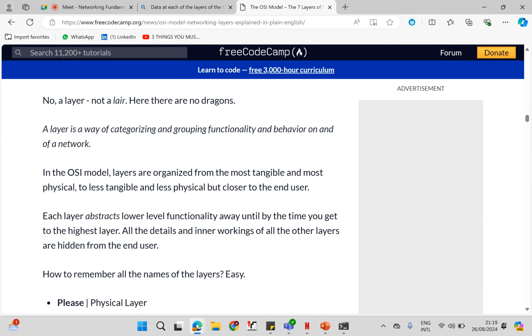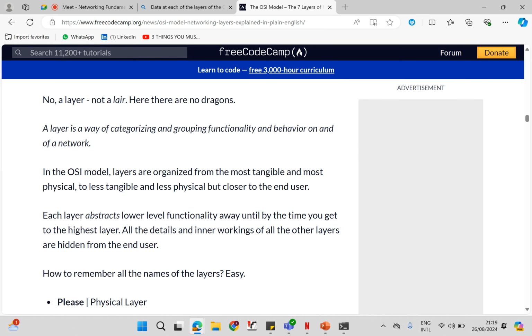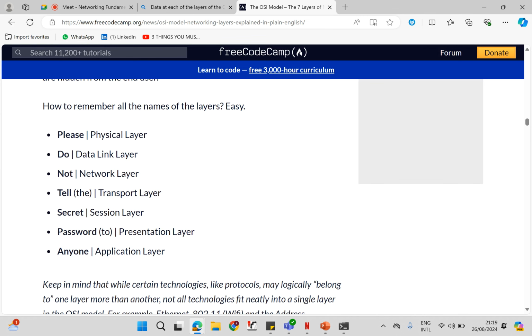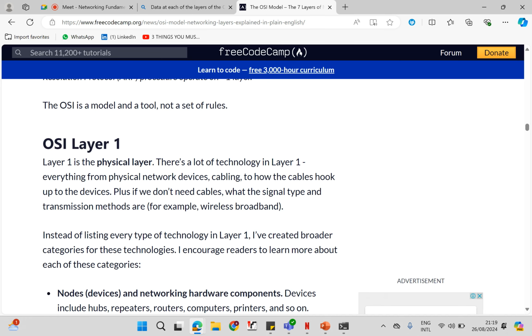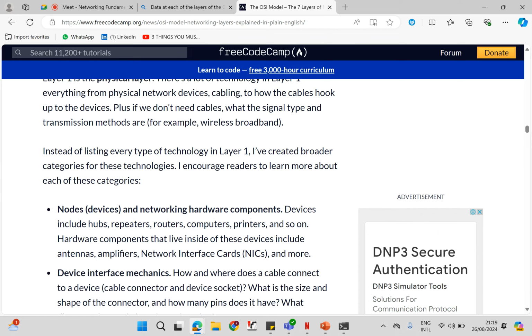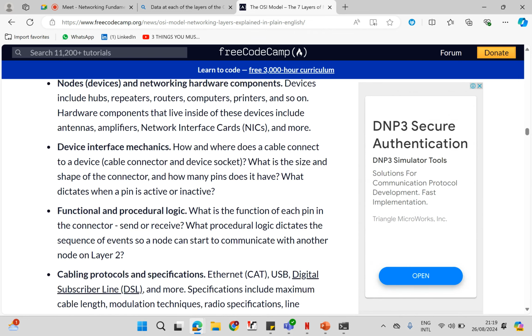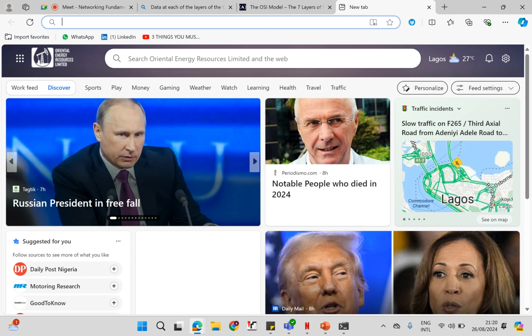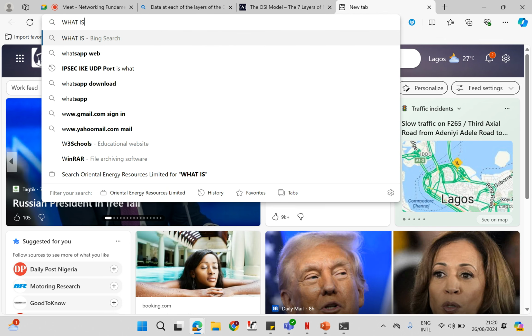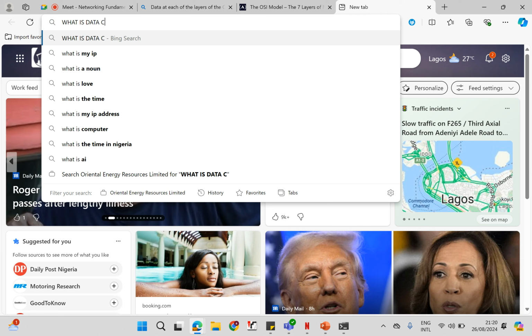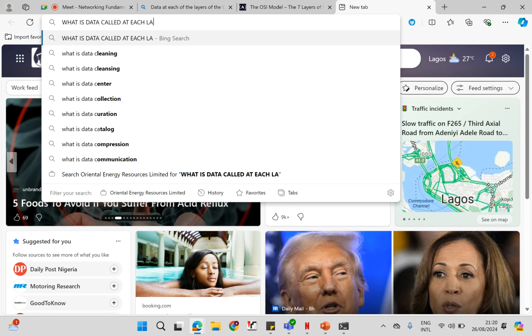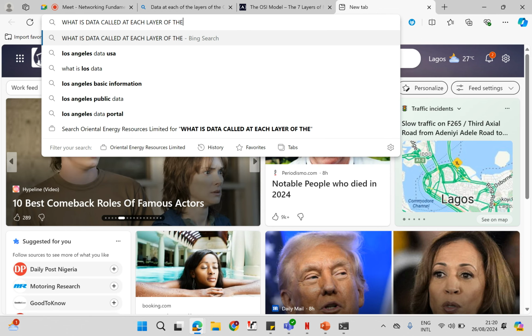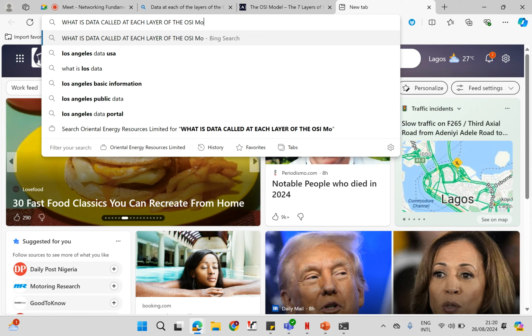So what is data called at each layer of the OSI model?